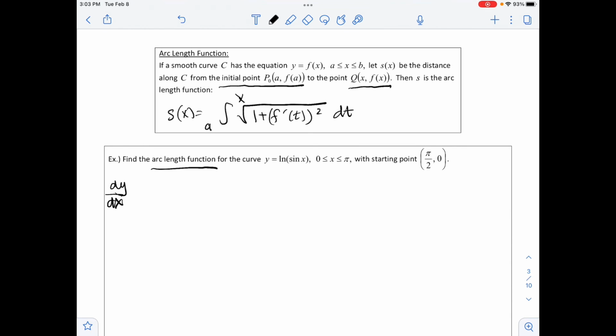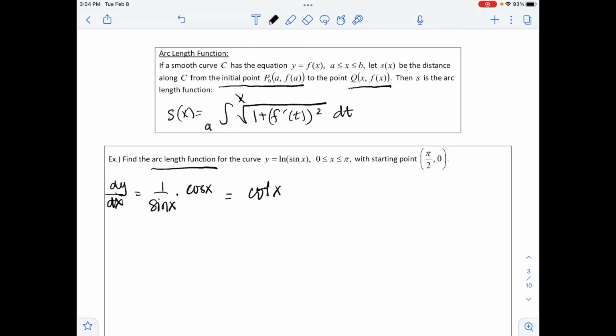And I know that we are going to be integrating with respect to x. And so dy/dx is going to be the derivative of natural log of sine of x, which is 1 over sine of x times the derivative of sine of x, which is cosine of x, so this is going to be cosine over sine, or cotangent of x.